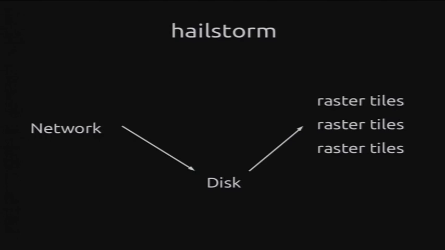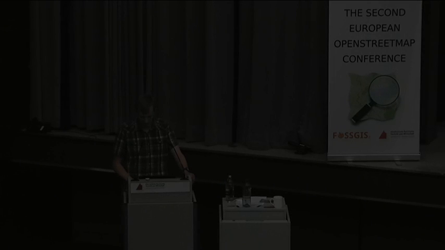In both cases, I'm storing them raw on disk. I would love to use the MB tiles disk store instead, but it turns out that there's a few bugs with it, and it's slightly unstable if you're trying to write thousands of tiles in parallel into a SQLite database. So I went back to just storing them on disk in plain folders.